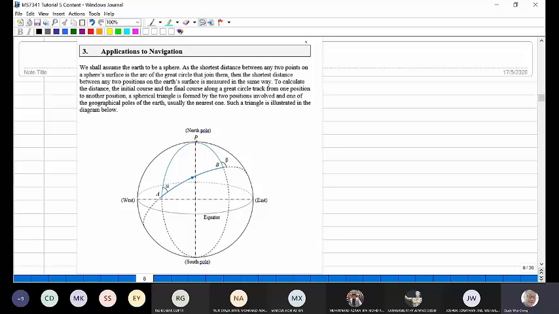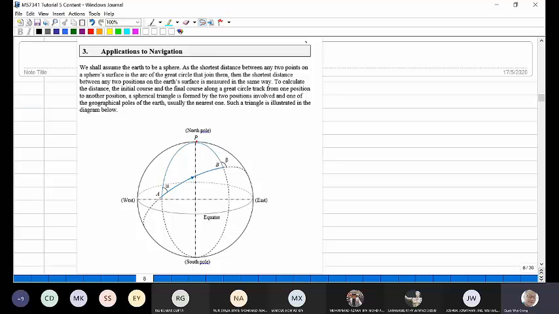Let me show you. This is about the model of the Earth now. The ship is moving along the Earth. So usually the ship will try to move along the great circle, as much as possible. Over here, you see that we have the North Pole.